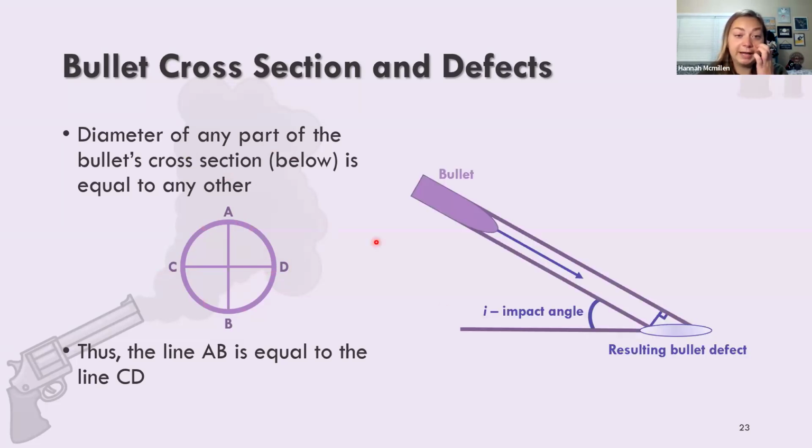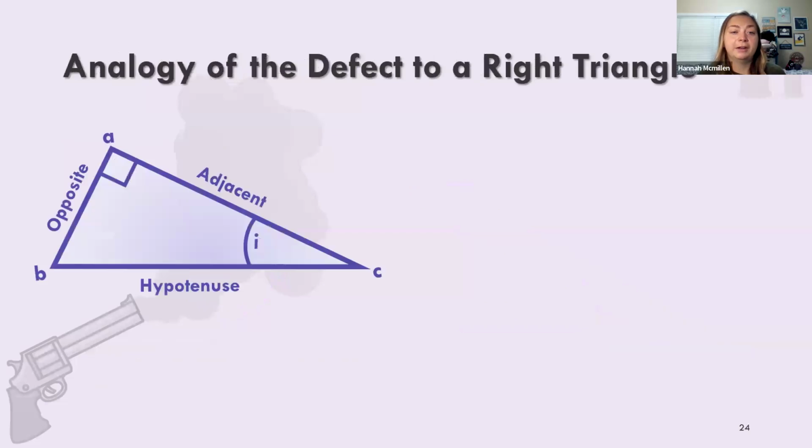So then when we're looking at the path of travel, we have our bullet traveling at an angle, hitting our target, resulting in a bullet defect, and that is going to cause our impact angle itself. So going for an analogy of the defect to a right triangle, we have our opposite, hypotenuse, and our adjacent, right?